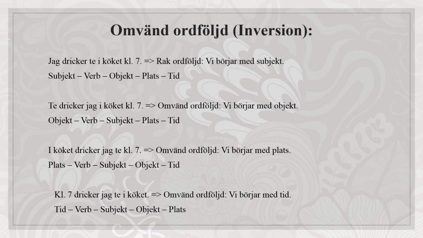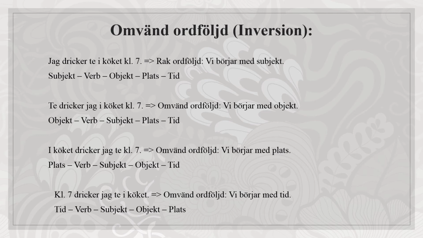Now let's see another example. Let's start with the plats, place. I köket dricker jag te klockan 7. In the kitchen, drinking I am tea at 7 o'clock, according to this format.